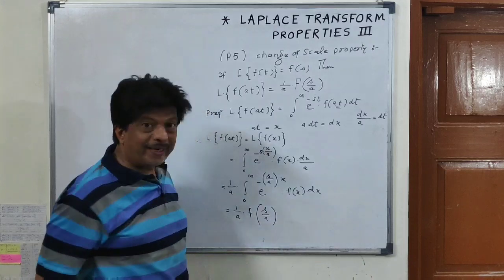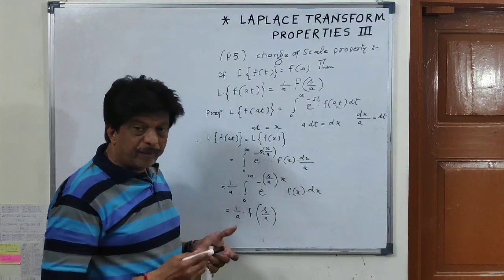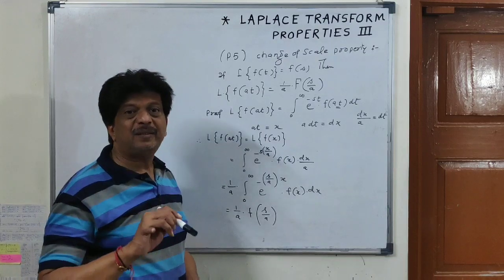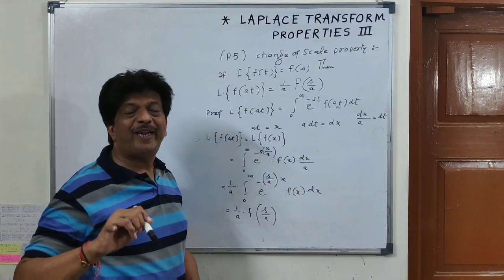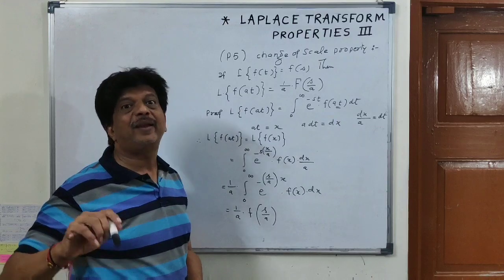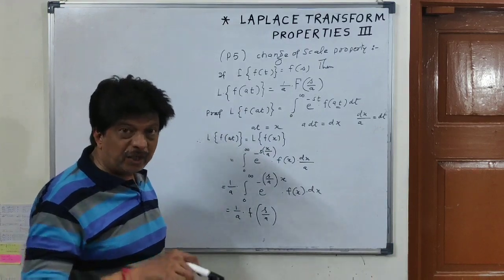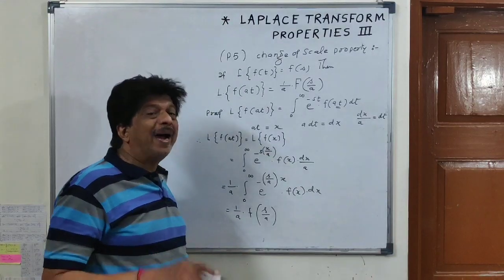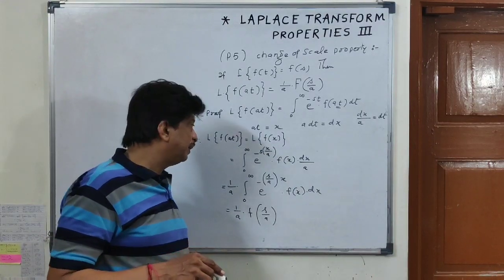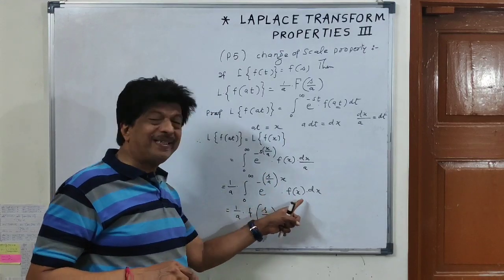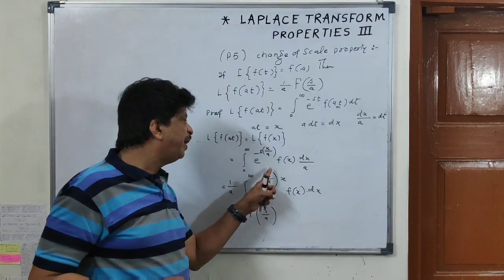Why is it written as f of s by a? Because integral 0 to infinity e raised to power minus st f of t dt is f of s. In view of this, integral 0 to infinity e raised to power minus x times s by a f of x dx would be f of s by a.